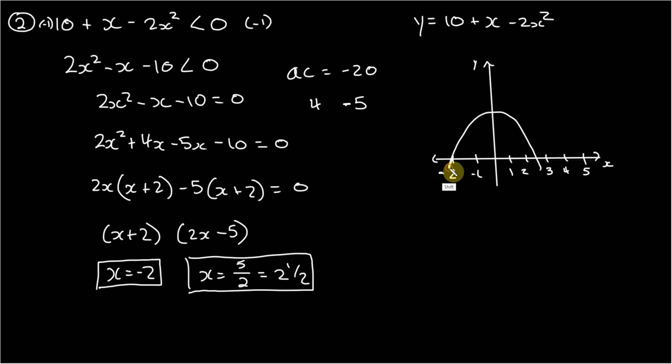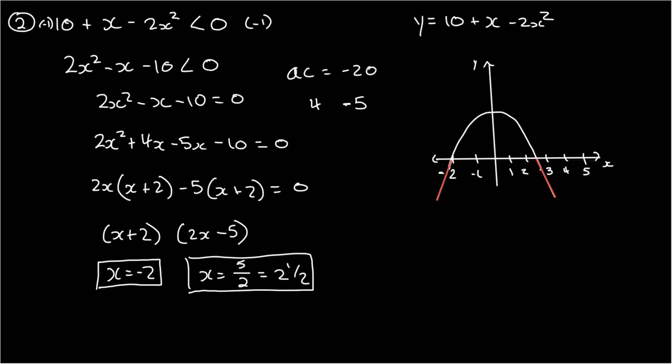So if I just extend this down a little bit like that, it's less than 0. So in other words, we are looking for the set of values of x right here and right here.